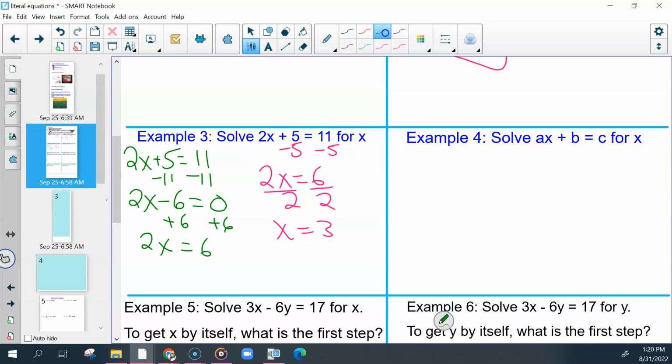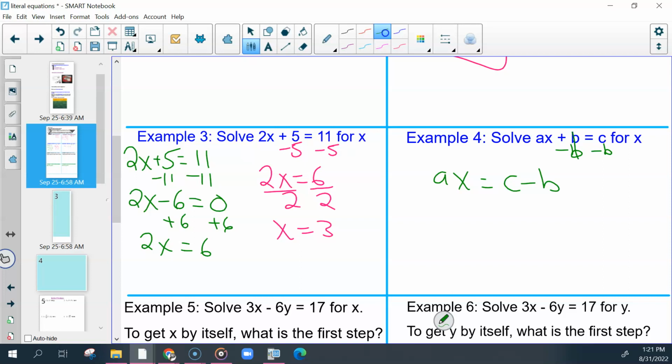Okay. Other questions before we start 4? For example 4, set up the same way, but just with variables. What would we do first? Minus b. Subtract b on both sides. But when we do this, c and b are not like terms, so we're really just moving it to the other side. We have ax equals c minus b.